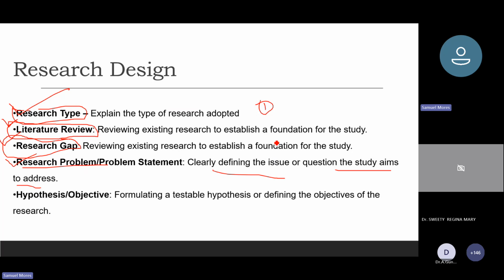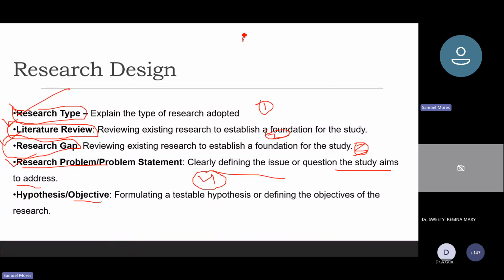Second, how the literature review is done, the method of conducting the literature review. Third, what gap you are addressing in this particular research. And fourth, the problem statement. And then you will write about research objectives, research questions, and hypothesis. All these three will go together.